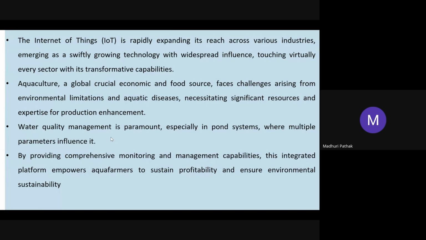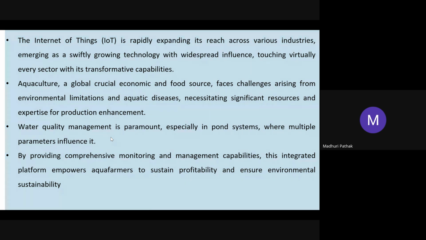Okay. So aquaculture is seen as the most rapidly growing sector and makes the most significant contribution to domestic production from the agriculture sector.